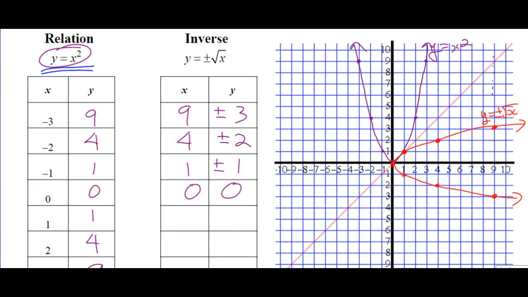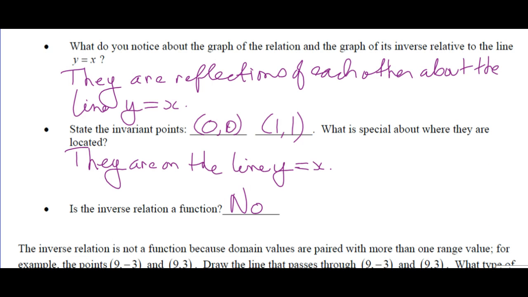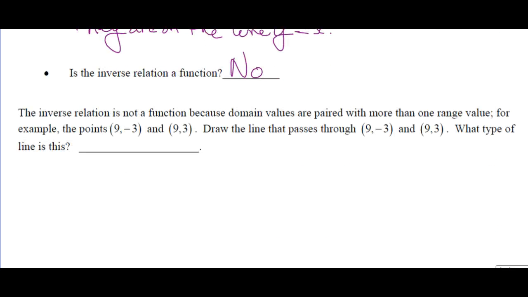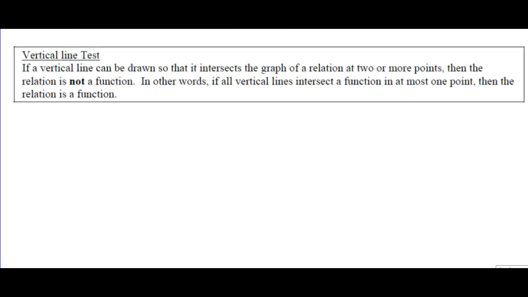What kind of line is this? It is a vertical line. The vertical line test.